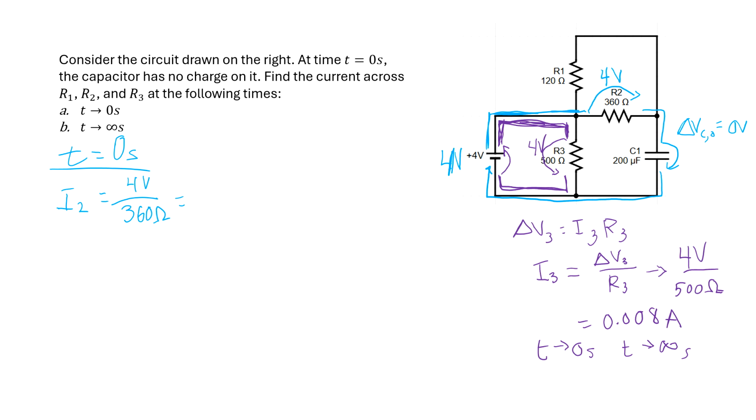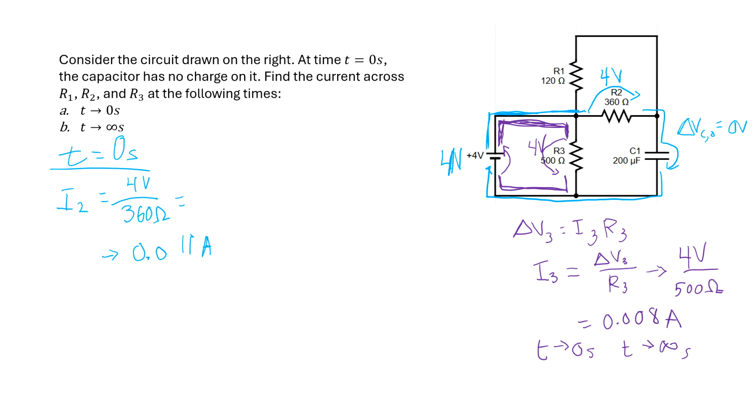Once again, we don't have to contend with any sort of mismatched units. We just divide these directly, and we get 0.011 repeating amps, 11 milliamps. Great.